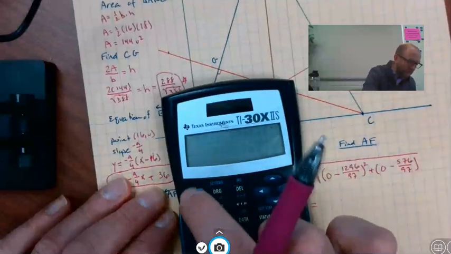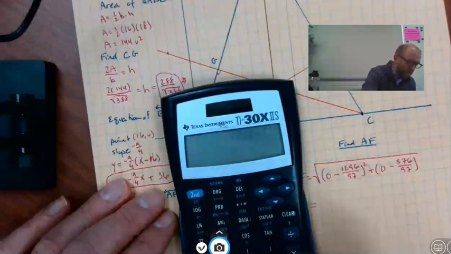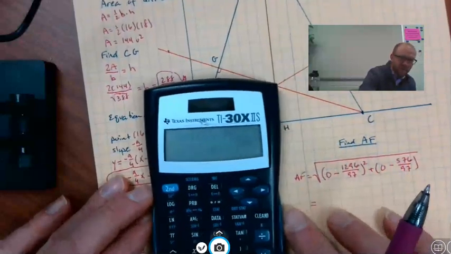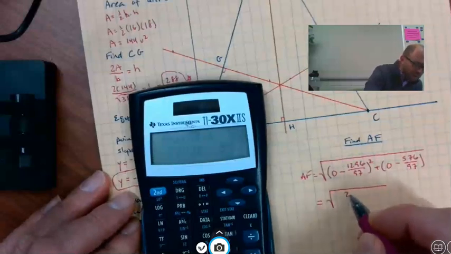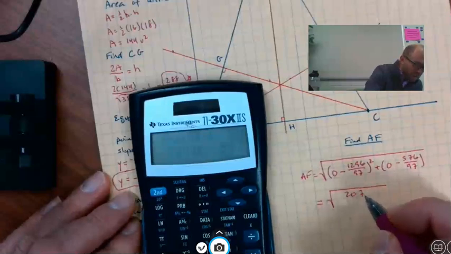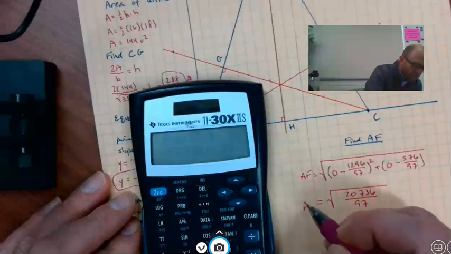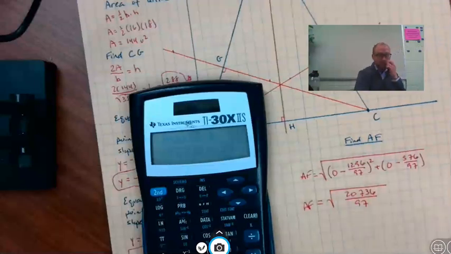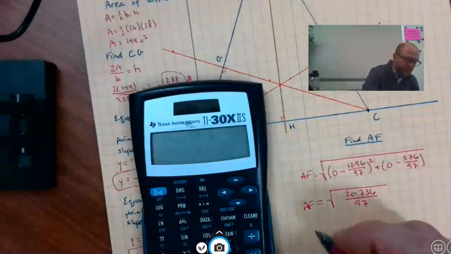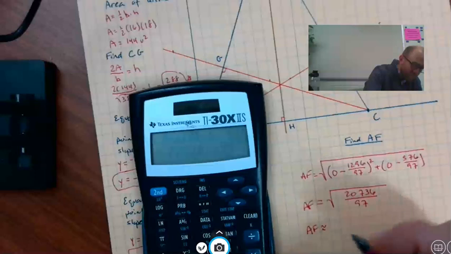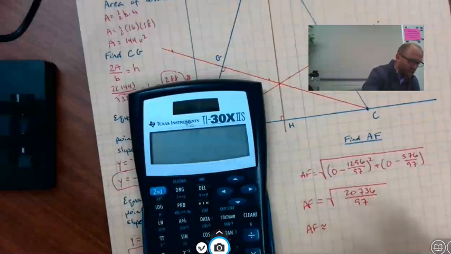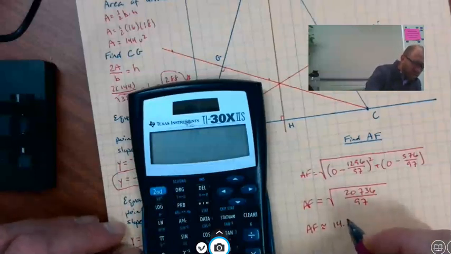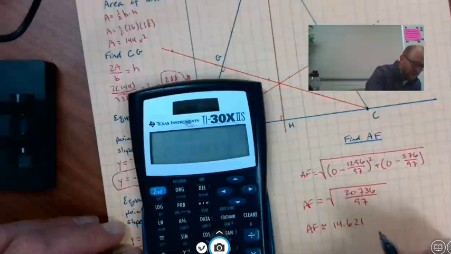Okay. Look at this number. This is terrible. It is the square root of 20736 over 97. Then I'm going to see what that is approximately as a decimal. It is 14.621 approximately.